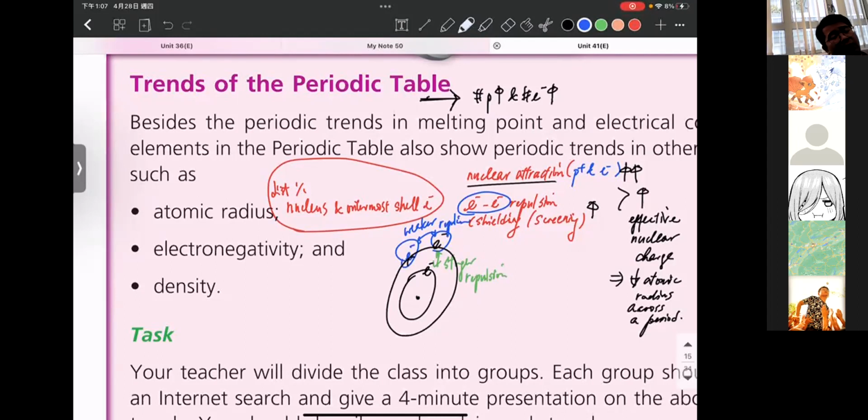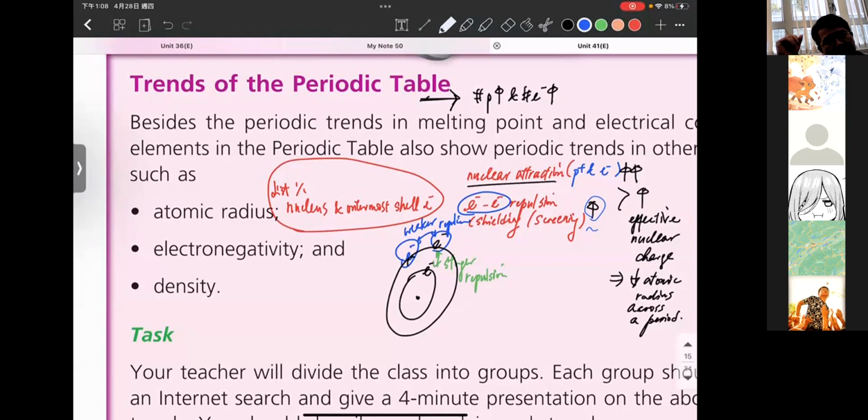Do you understand? Looking across and looking down are different, okay? So overall, you may say that you experience an increase in shielding, but as you may see from the book, the increase in shielding is not so obvious. Somebody may also argue that the shielding is more or less the same when you compare group 1 to the groups on the right hand side.